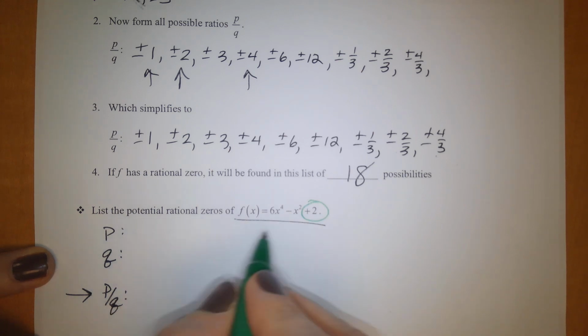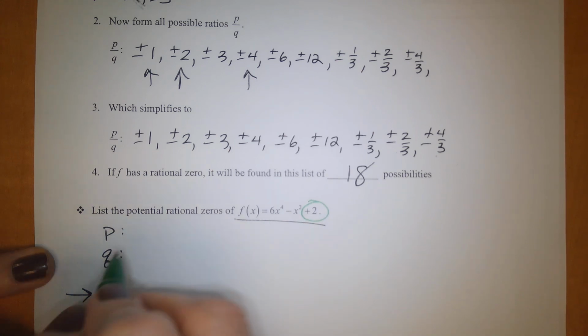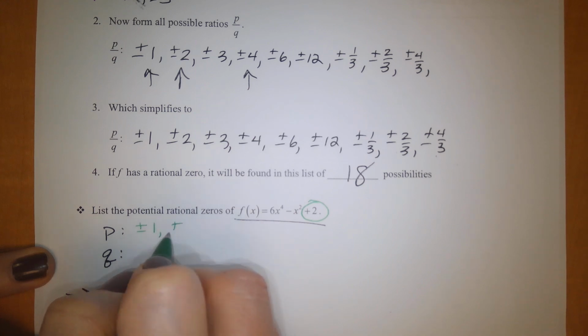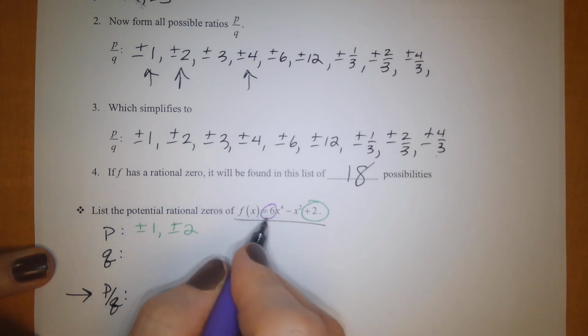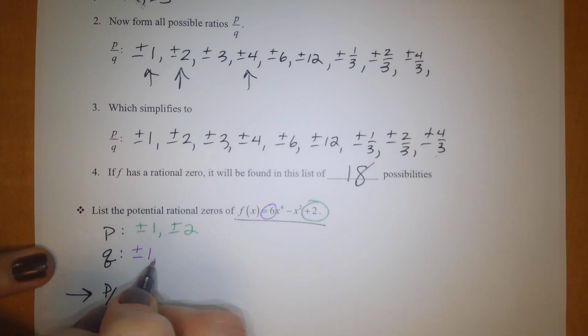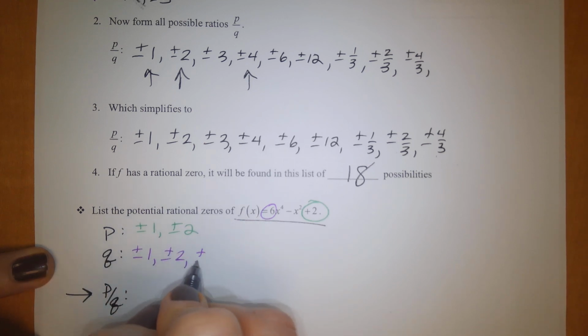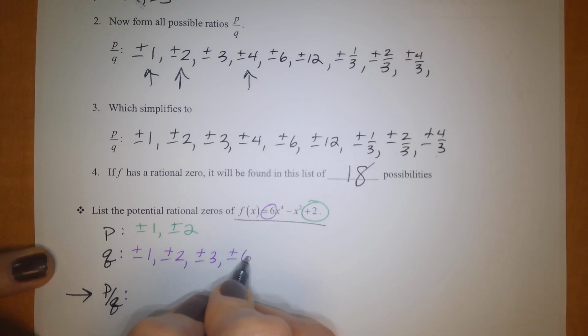So all potential factors that multiply together to make 2. Clearly, only 1 and 2 will be my options. q are all factors of the first term. All numbers that make 6 will be 1, 2, 3, and 6.